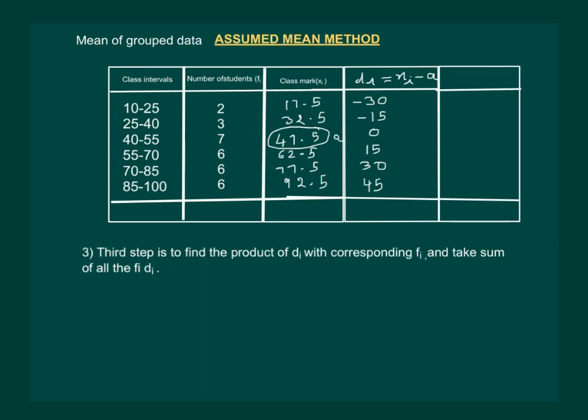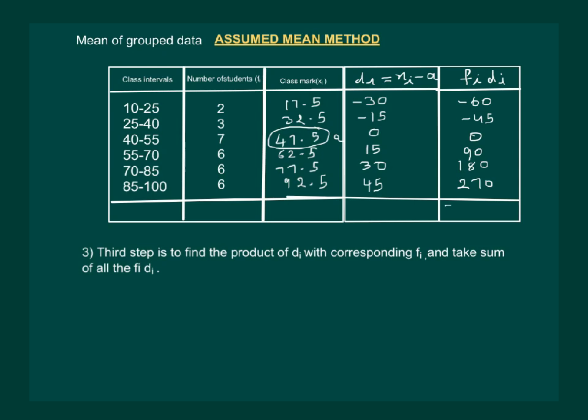The third step is to find the product of di with corresponding fi. That means we have to multiply minus 30 with 2. So we find fi into di. We get minus 60 here. Minus 15 into 3 will give us minus 45. 0 into 7 will give us 0. Likewise continue. We get 90, 180 and 270.